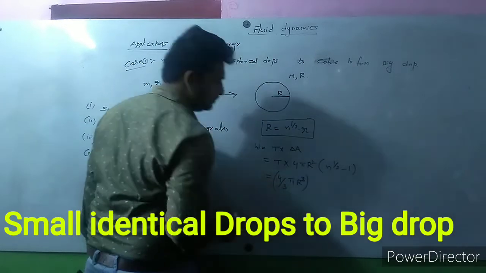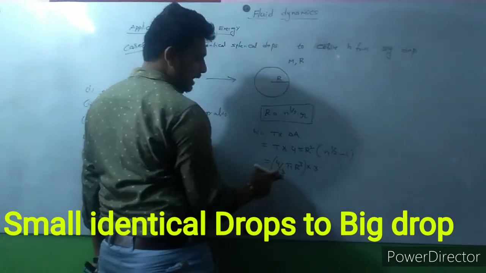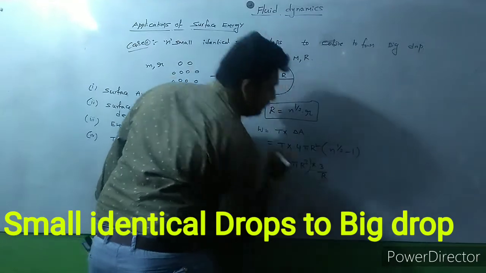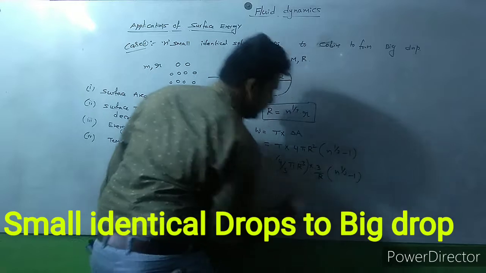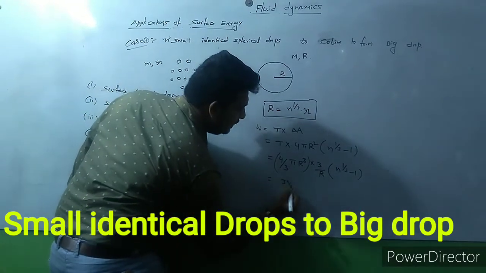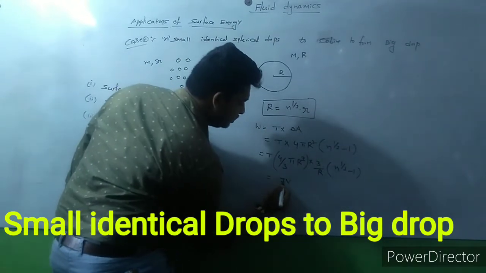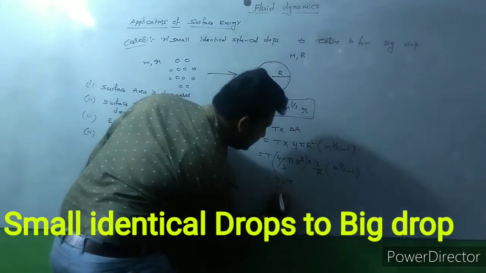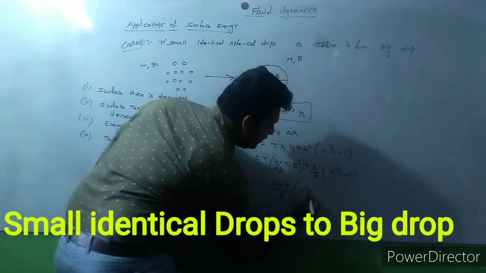What I am doing here is multiplying by 3 and dividing by 3, multiplying by r and dividing by r, into n power 1 by 3 minus 1. So 4 by 3 pi r cube means V, 3V, and T is there, so 3VT by r into n power 1 by 3 minus 1.